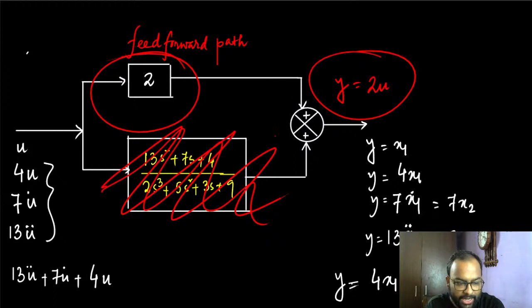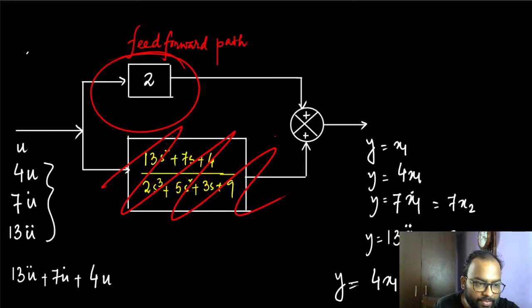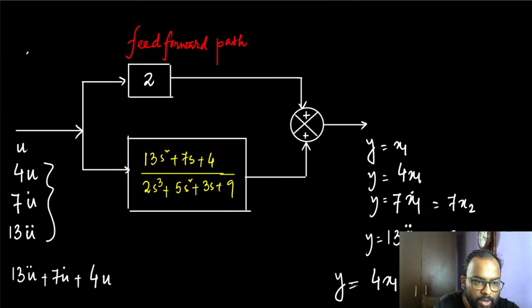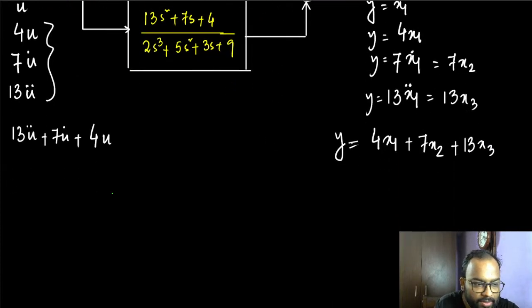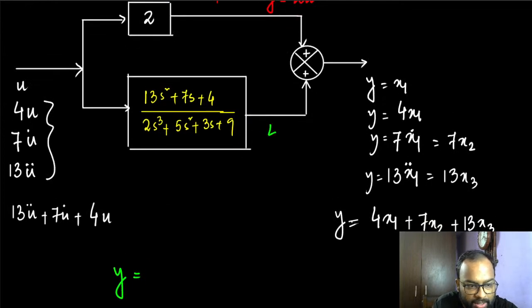Right? Now, when all of this works together, for this I have Y, the output correspondingly is 2U. When all of this works together, in totality, this is the output. The output for this part was 4x1 plus 7x2 plus 13x3.